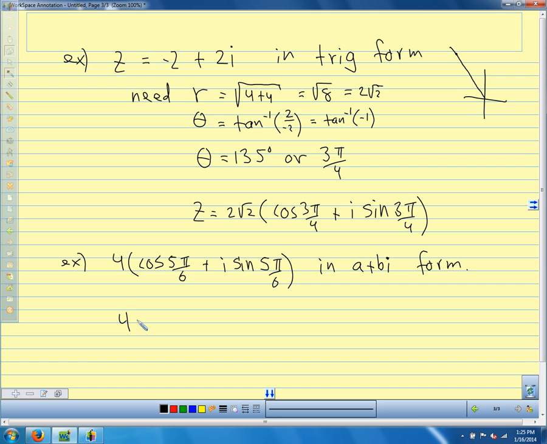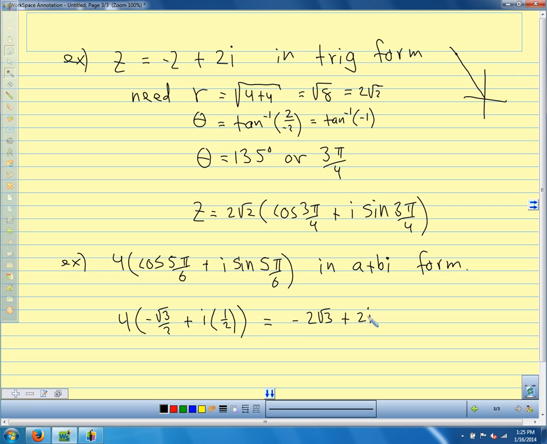So cosine of 5 pi over 6 is what? Square root of 3 over 2? Positive or negative? Negative. Sine of 5 pi over 6? 1/2. Now we're going to distribute, so we get negative 2 square root 3 plus 2i.